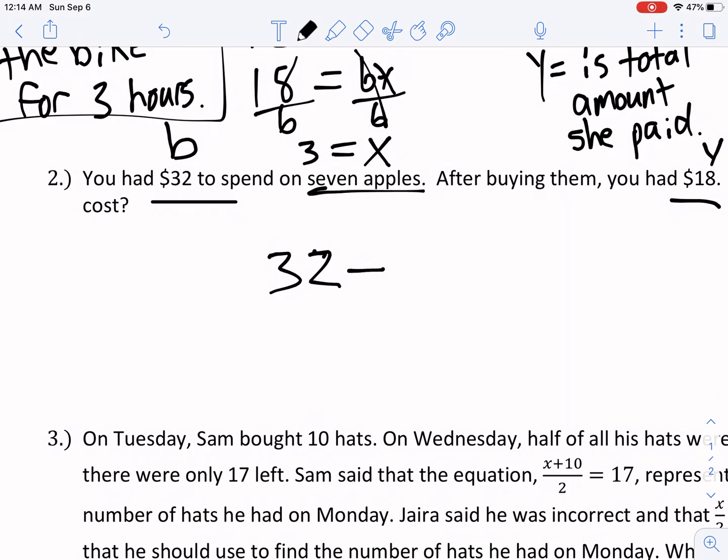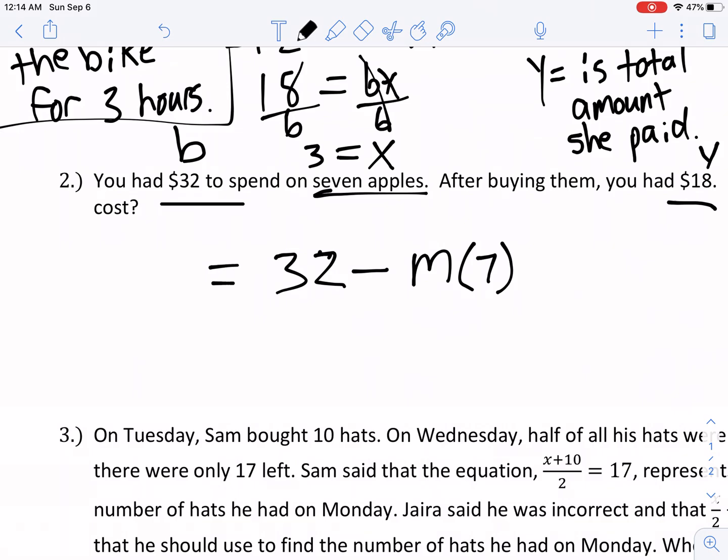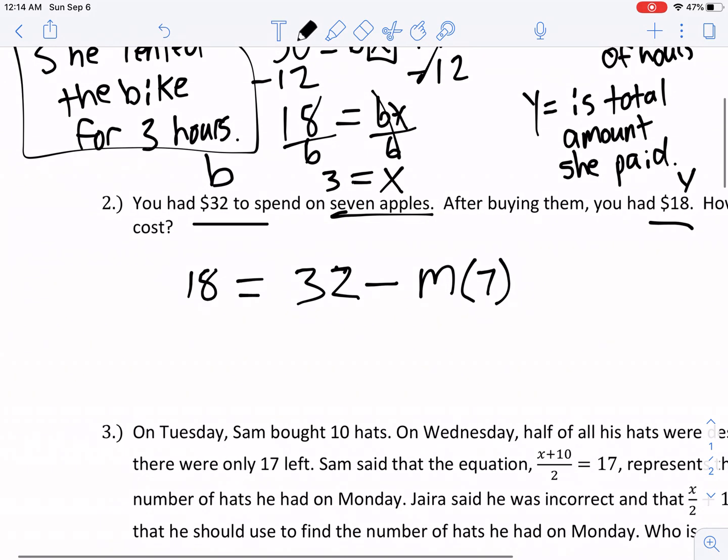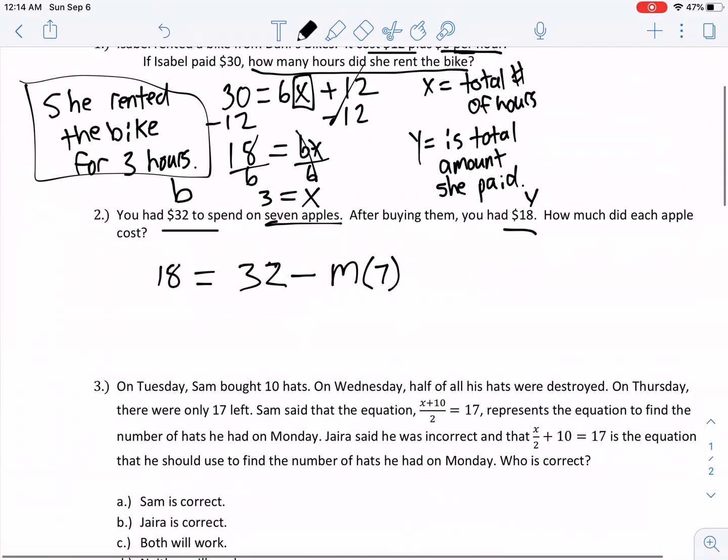This is one of those weird situations where they don't give us m, but they tell us we buy 7 apples, and at the end we ended with $18. We started with 32, we're buying so much per apple, but they don't tell us how much, just that we buy 7 apples and end up with $18 in our pocket.